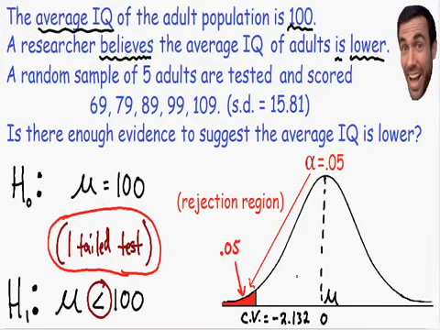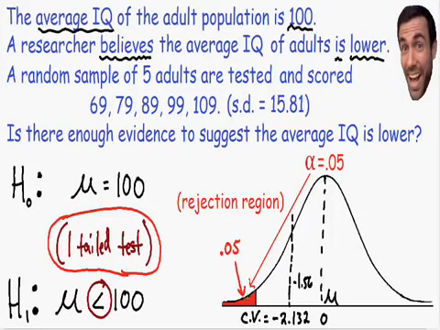So negative 1.56 is somewhere between negative 2.132 and 0. I'm just going to estimate that our test statistic, negative 1.56, is somewhere in between the critical value and the middle of the curve. So this is negative 1.56.